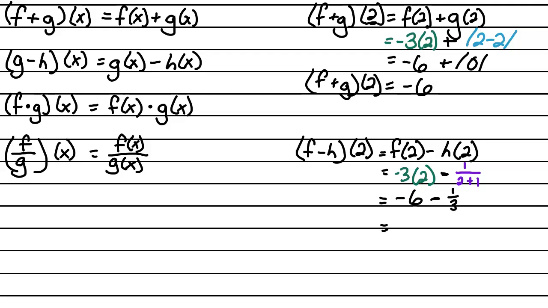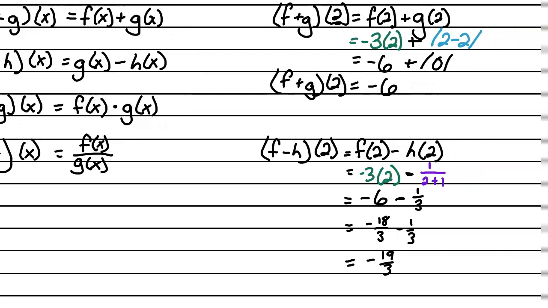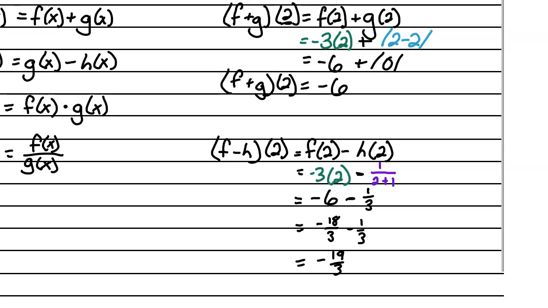Remember, whenever you're adding and subtracting, you get common denominators. So I'd get negative 18 thirds minus 1/3, which gives me negative 19 thirds. That's if I have f minus h.